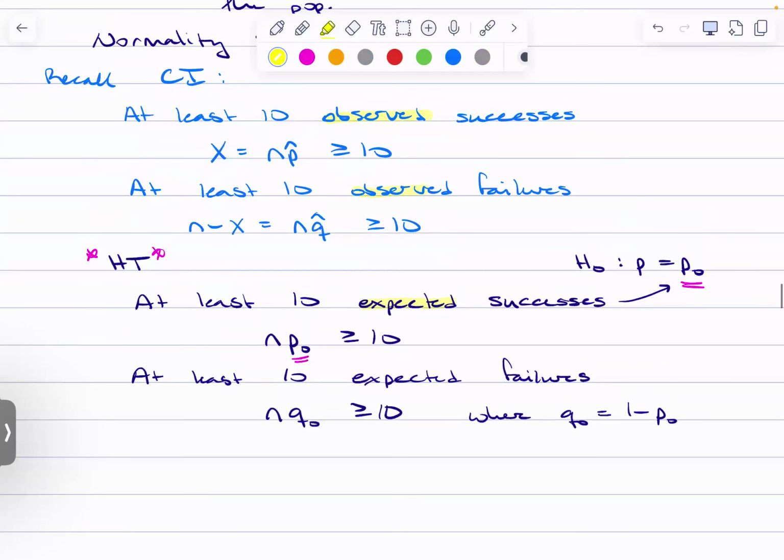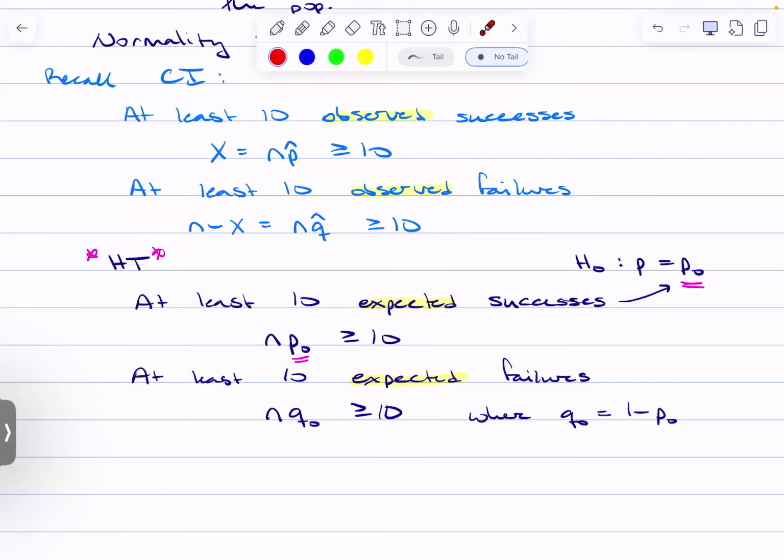And so again, you've got your observed successes and failures for your confidence intervals. If you read the question and you see that you're going to do a hypothesis test, then you need to check that you have at least 10 expected successes and failures.